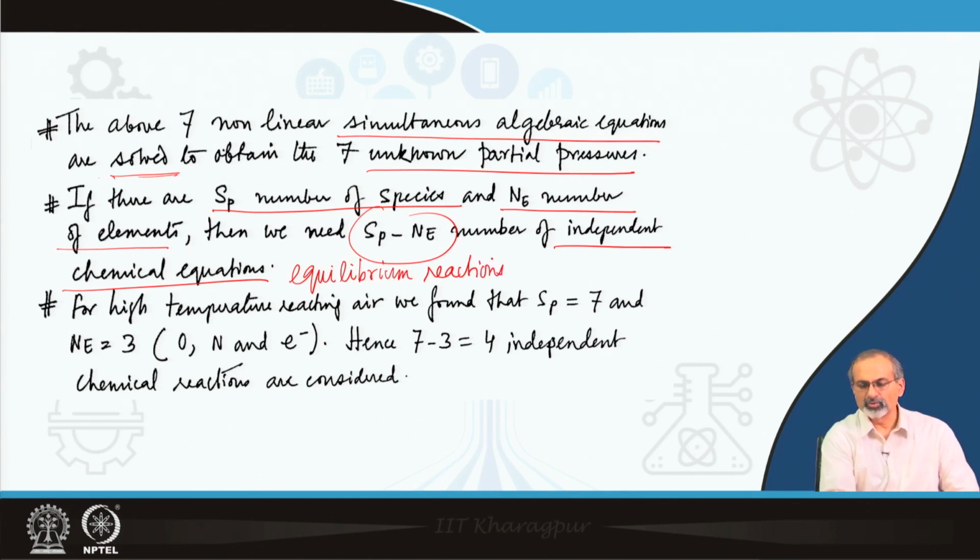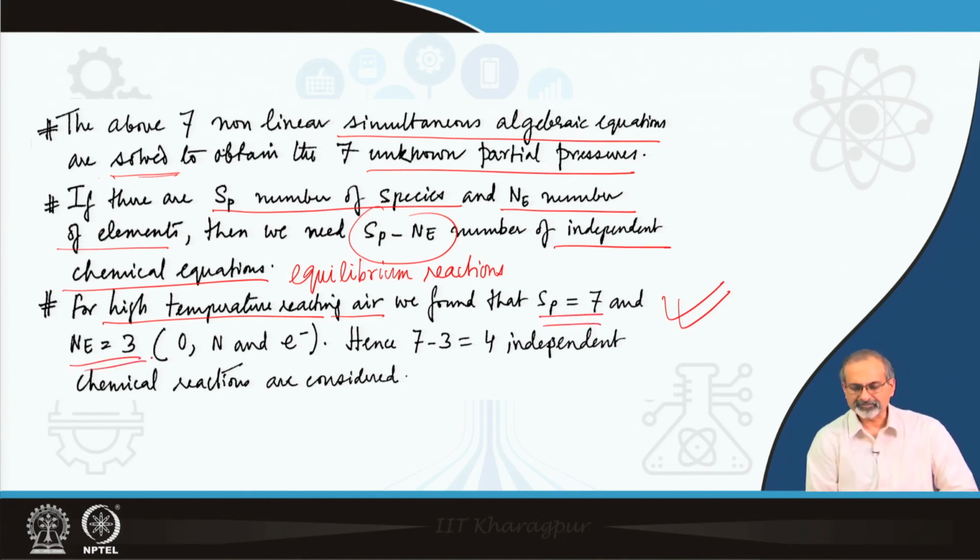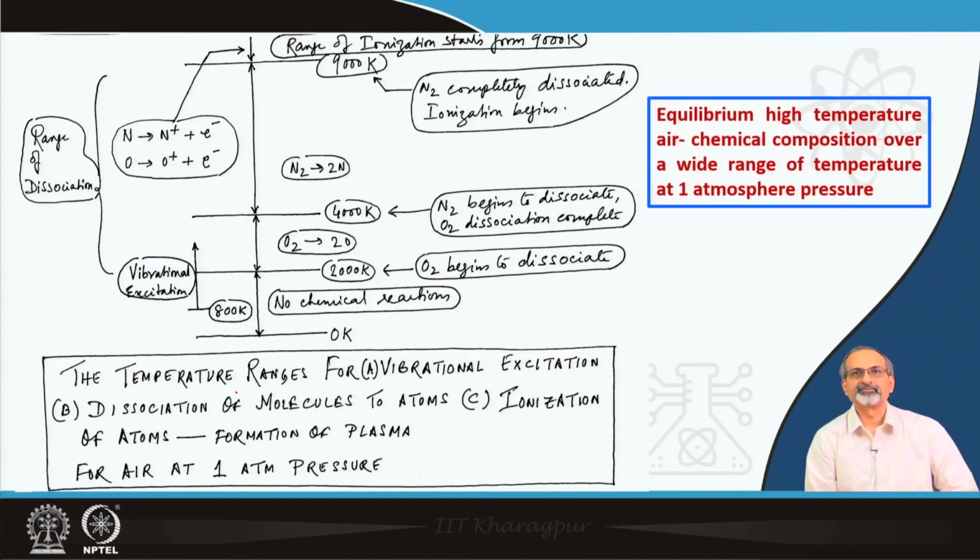This is not true for non-equilibrium, which we studied in the previous week. And then we find that for high temperature reacting air, for the model that we considered, the sp was 7, the Ne was 3, and thereby we had 4 independent chemical reactions.